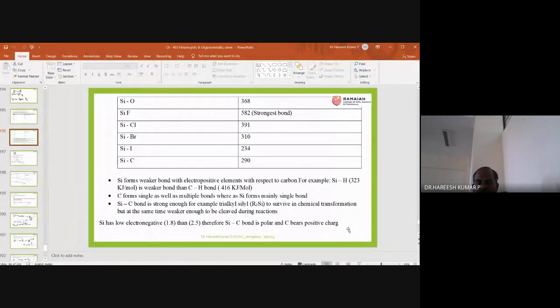Overall, what you can observe from this is that carbon attains a delta negative and silicon attains a delta positive.